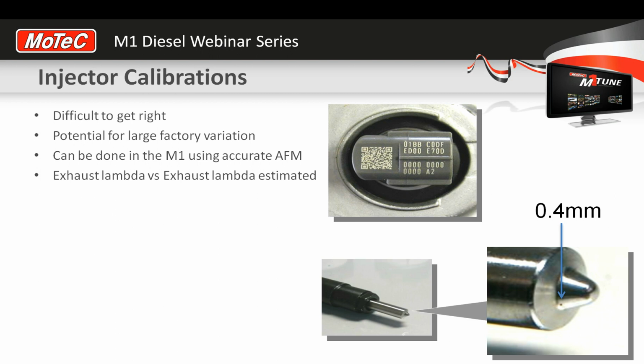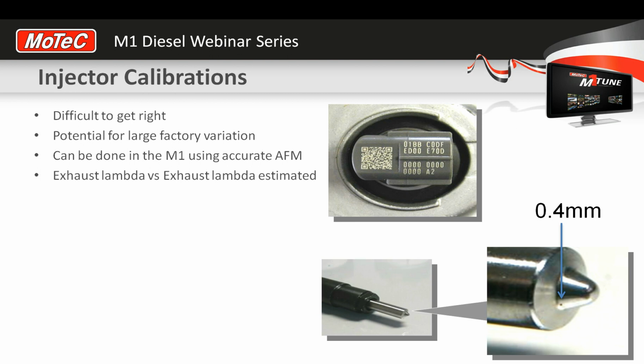No longer does that become an accurate model for deriving the amount of fuel that you get when we open the injector for a certain amount of time. So now we have a situation where all diesel injectors are different, and we'll do our best to calibrate them and get them in the ballpark for each different model. But as tuners, you need to understand that they are all different.